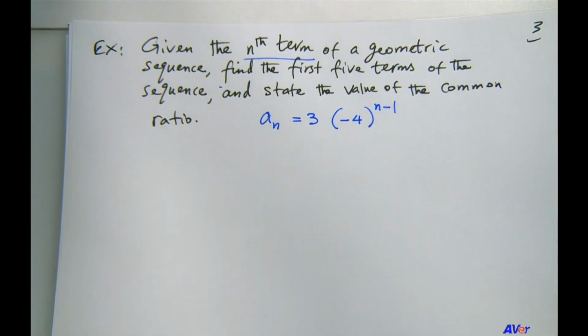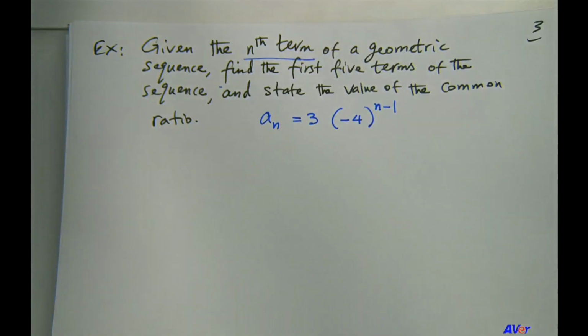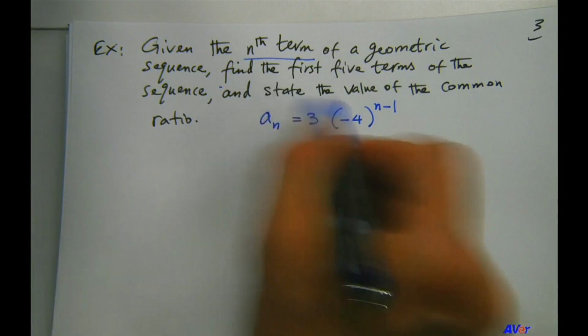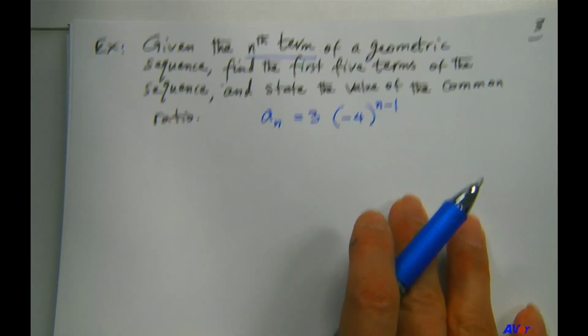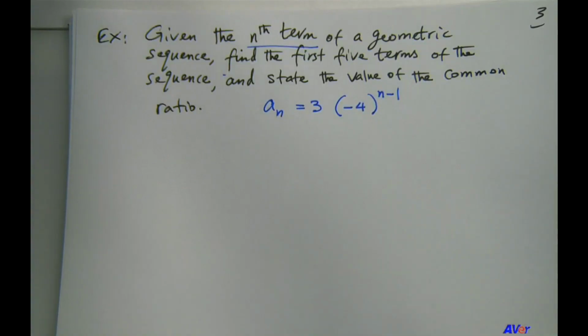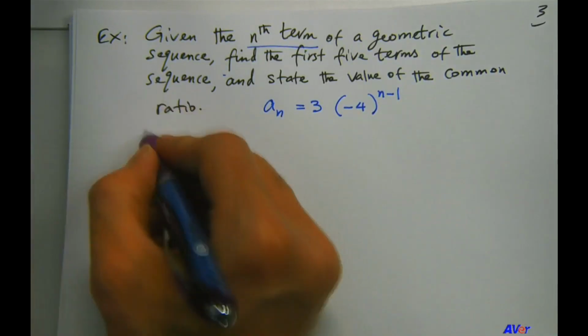So we have the formula for the nth term of this geometric sequence, and it says find the first 5 terms of the sequence and state the value of the common ratio. So let's do that. So here's the solution.